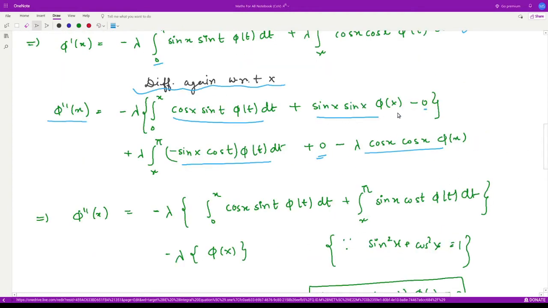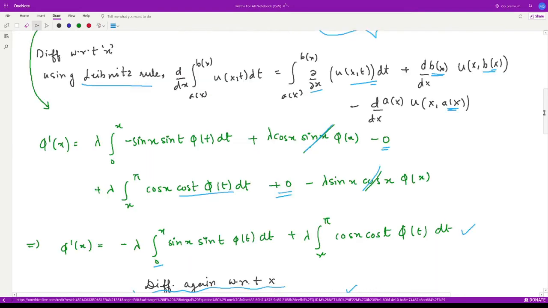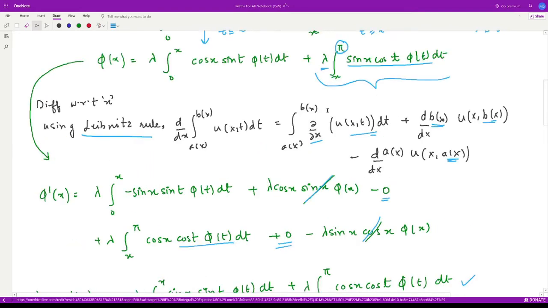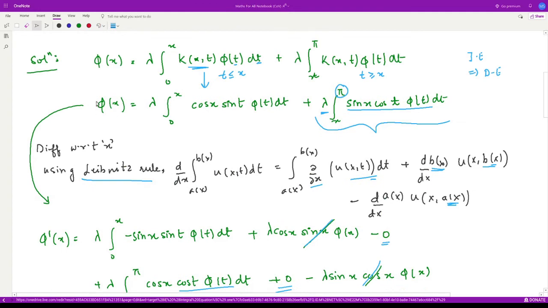In fact, what you see is that you have minus lambda and phi x common, so you have sin square x plus cos square x, and that is 1. So we are simply left with this term, taking common minus lambda and phi x from these two terms, and from the other two terms it will be minus lambda integration of this whole thing. And in the question, if you see what this whole thing is, let us move back and you will realize that this is nothing but phi of x.